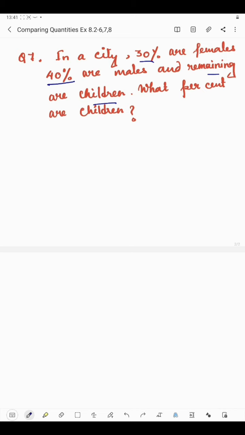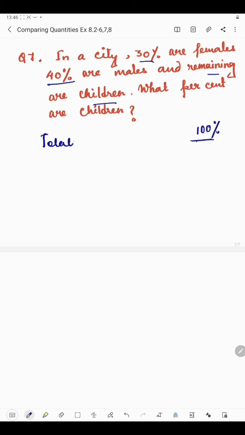At first we need to know the total percent, which is 100%. If we say anything in percentage, then we always consider the total as 100%. That means the total population in a city will be 100%.